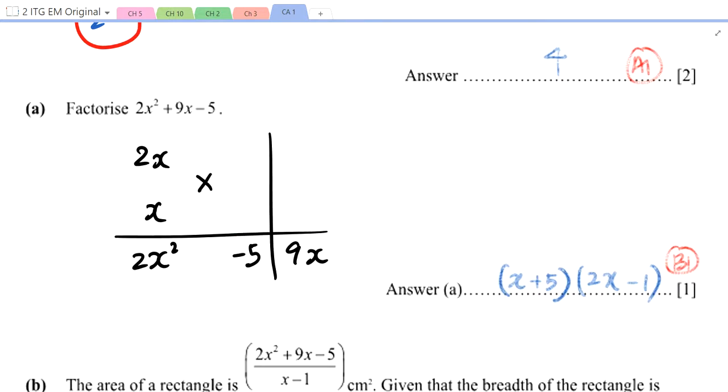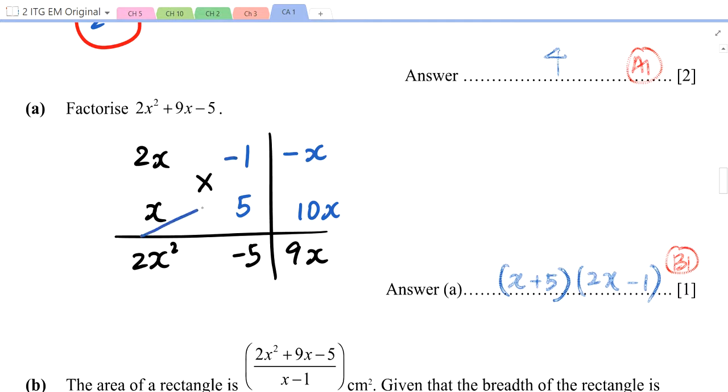Instead, it will be 1 and 5. This way, I get 10x and x. Is it possible to get 9x? What should I do to make it 9x? I'll put a negative here, right? But when I do that, I need to put a negative sign in front of 1.